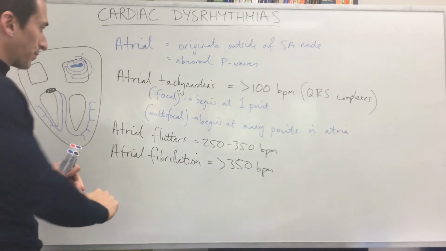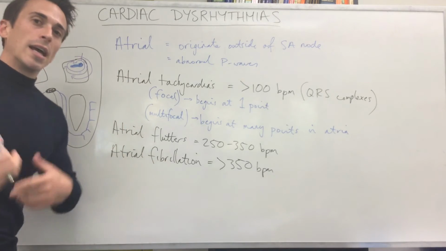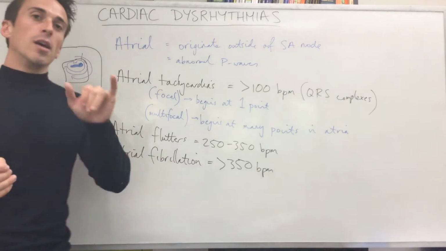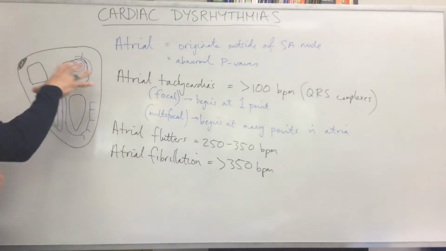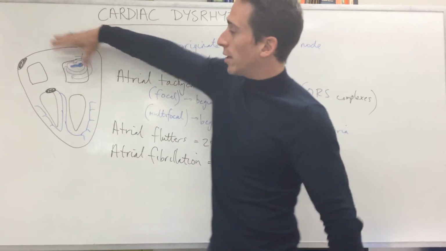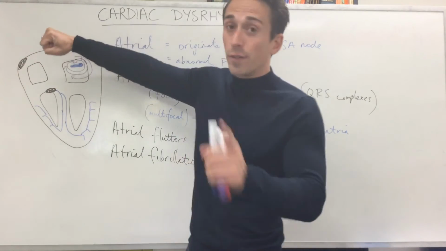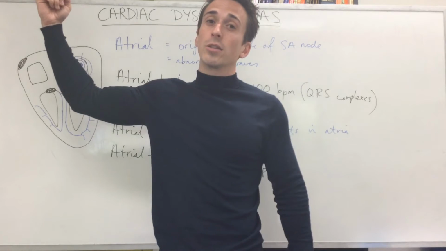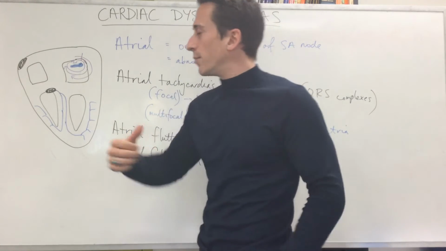That's one point. The other point is that it's not necessarily life-threatening, these atrial tachys, flutters, fibs, because when the blood is in the atria, you know that you get contraction of the atria first, blood gets pushed down to the ventricles, and the ventricles contract, pushing blood out to the rest of the body, either the lungs or the rest of the body.